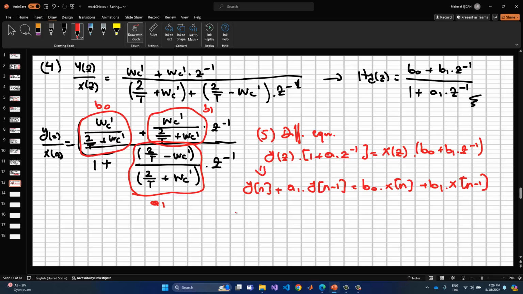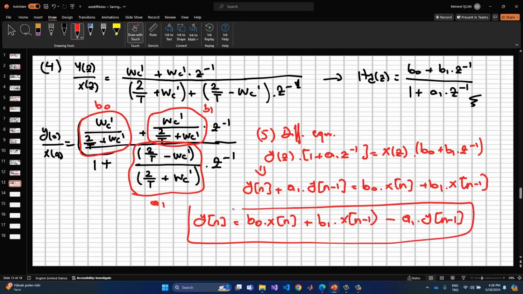And so in the last form, we will have y[n] equal to B0 x[n] plus B1 x[n-1] minus A1 y[n-1]. Okay? And so this is our difference equation to be implemented in your algorithm or your code.